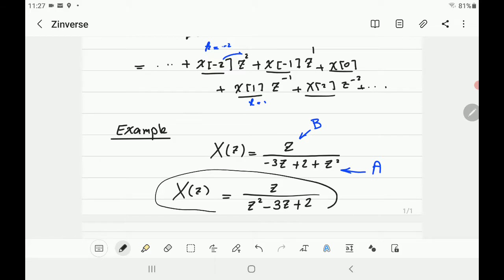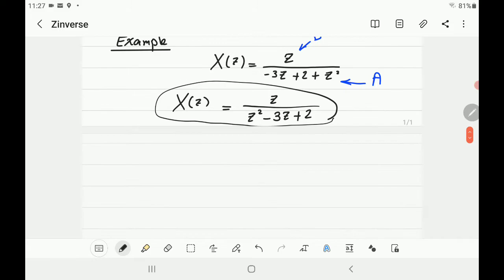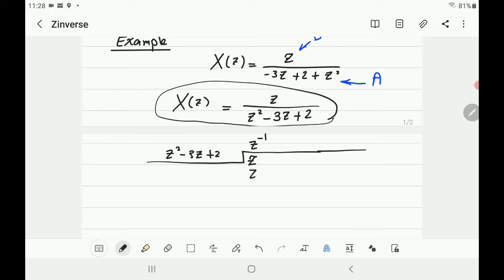Now we are going to perform the long division on this one. How you do long division is just as we did a long time ago. You start, put here z squared minus 3z plus 2. And then you divide z by z squared. So it will be equal to z minus 1, because if you multiply z minus 1 by z squared, you get z.